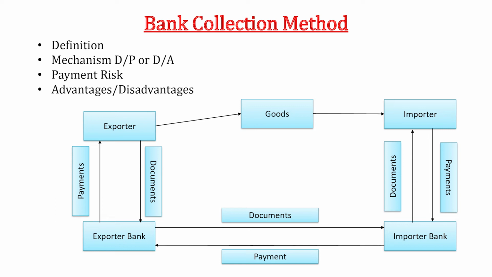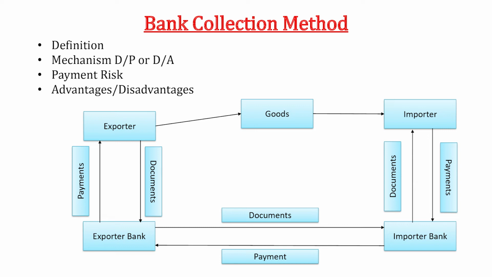This method has certain advantages and disadvantages for the exporter. The main disadvantage is that the importer may not make payment, and in case he does not make payment, then the goods will attract very heavy charges at the port of the importer.